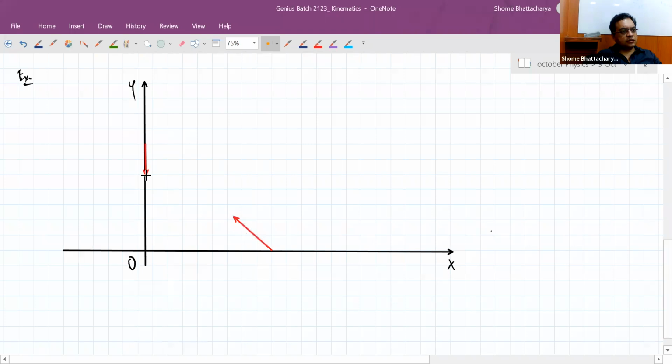At the given instant t equal to 0, there is an object B moving with a velocity vector like this at a position 0, 12, and there's a particle A moving with a velocity VA currently located at a position 9, 0. So this is at t equal to 0.